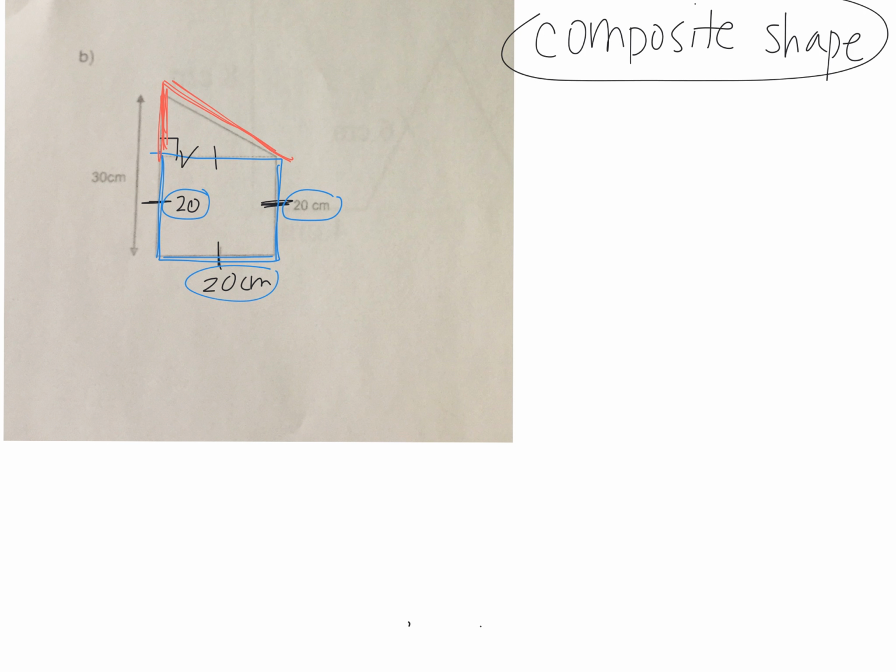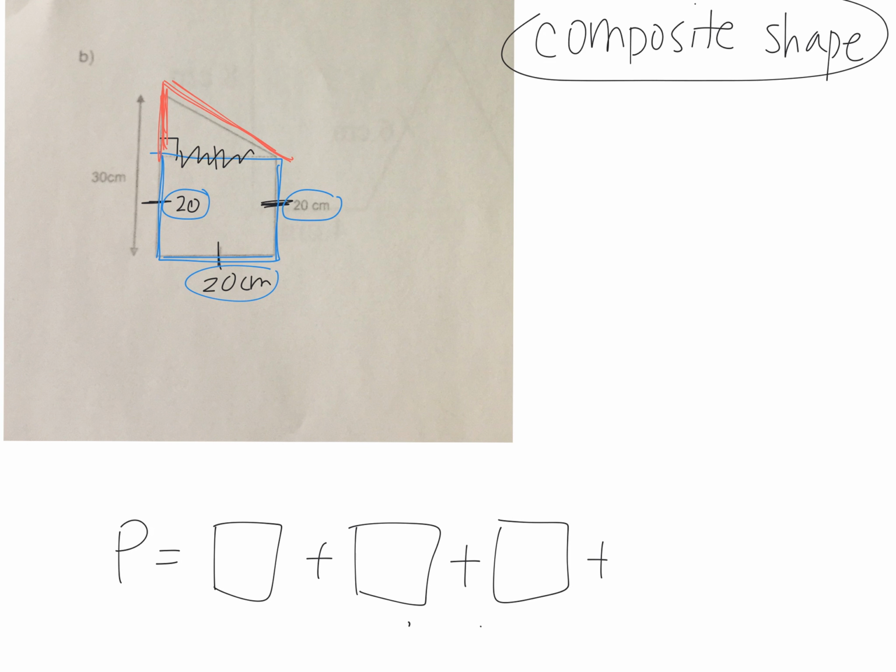We're not including the inside. You should only have 5 numbers to add together to find the perimeter. Do you know any of those numbers that you need to use? Yes. 20. 20 plus 20.